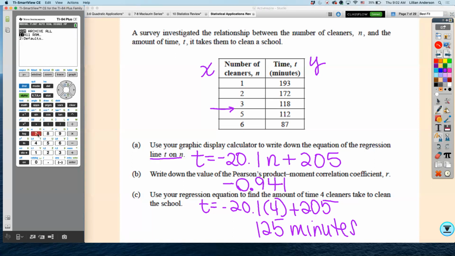Memories get reset for your test. And so when you go in, your table's going to be empty, which is fine. I mean, your table needs to be empty anyway whenever you're doing any type of statistical work. But look at what happens when I go to LinReg, that's exactly what's going to happen on the day of your test.